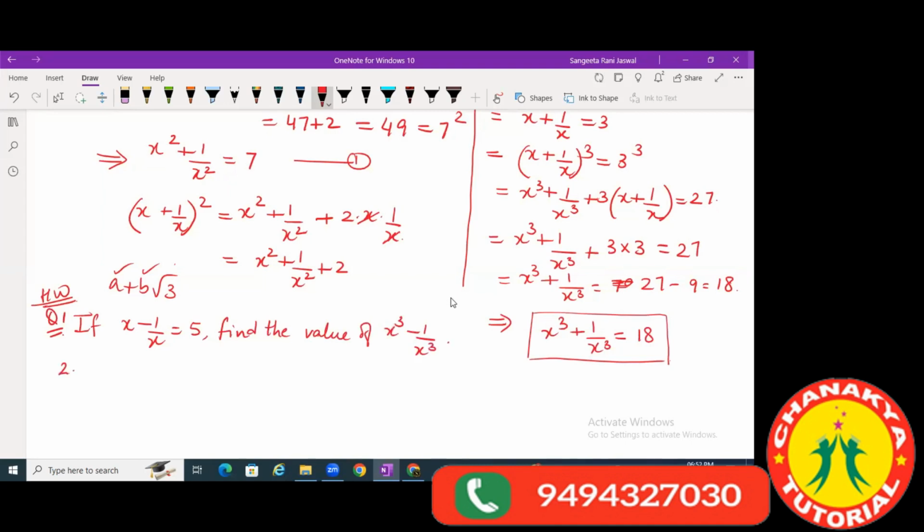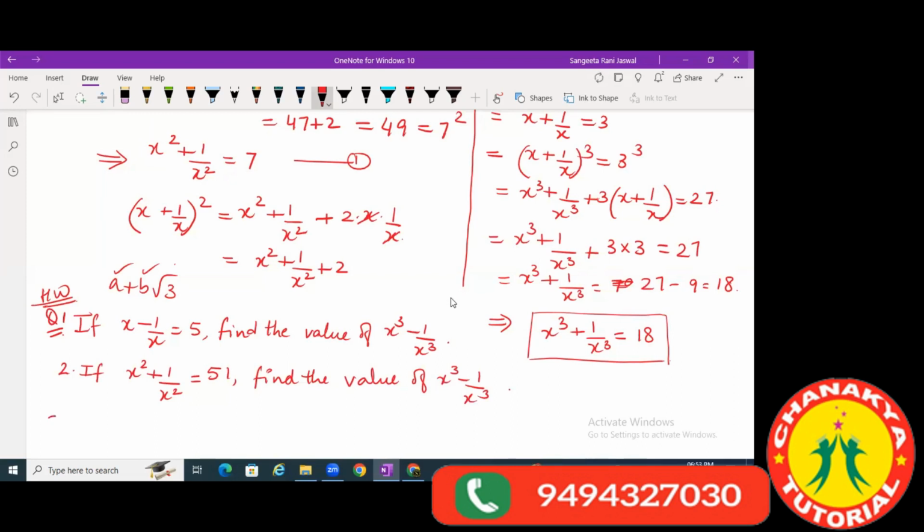Second question: if x square plus 1 by x square is equal to 51, find the value of x cube minus 1 by x cube.